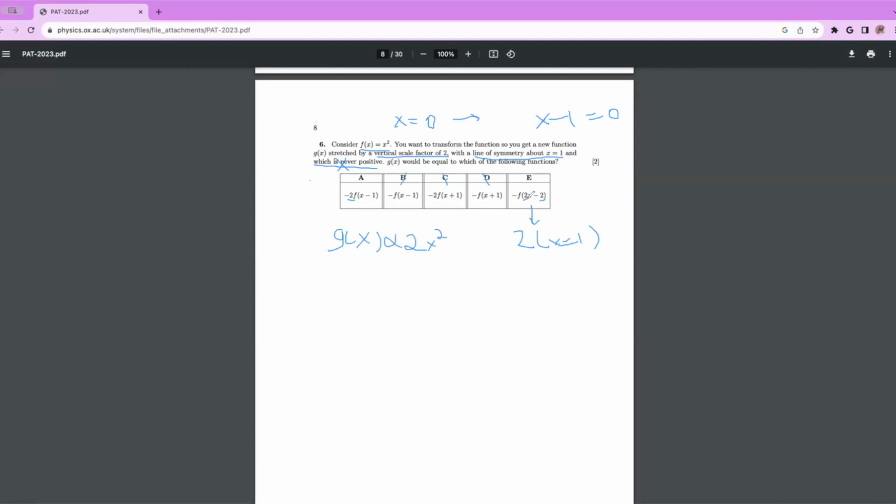And if we have a 2 inside the argument, such as with E, then f of 2x is equal to 2x squared, which is actually equal to 4x squared. And that actually scales it by a factor of 4 rather than 2. So we can already cross E out, and we see that our answer is A. Isn't that fun?